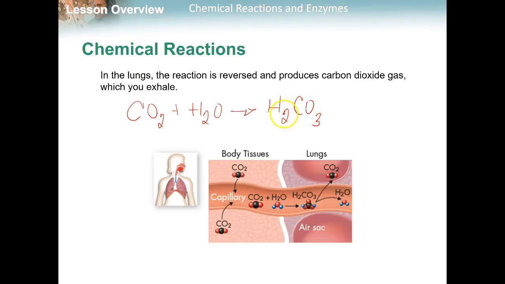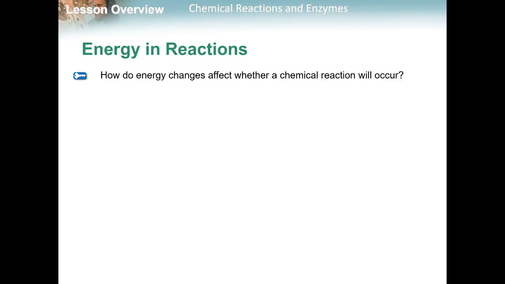Guess what? I can reverse this. I can break this H2CO3 down into water and carbon dioxide. So the reactions can happen both ways, and you're not losing anything in the reaction. You still have carbon, oxygen, and hydrogen, in the same amounts.